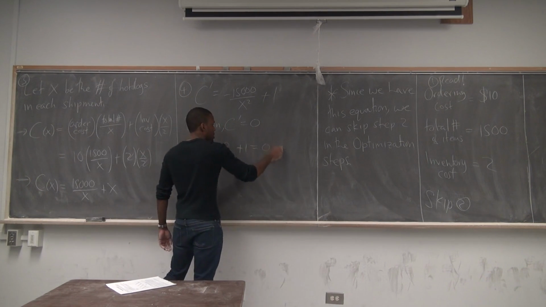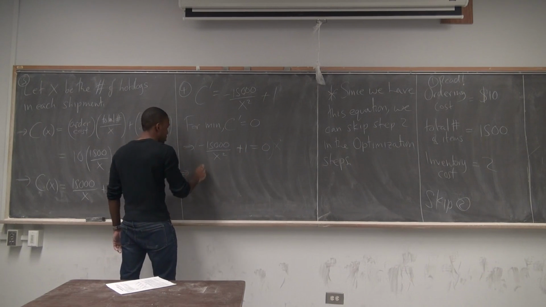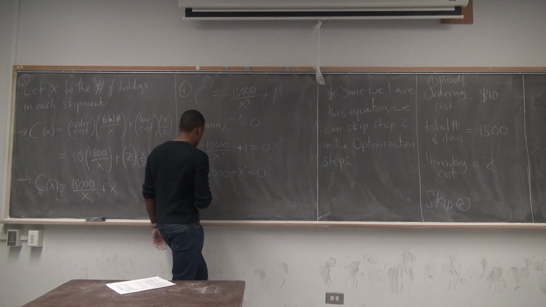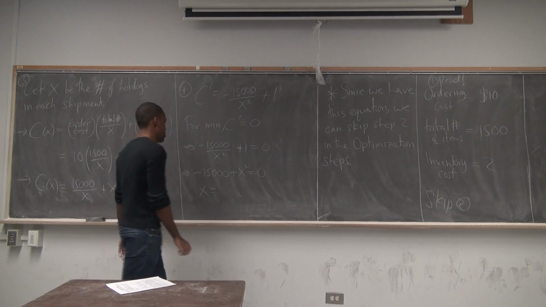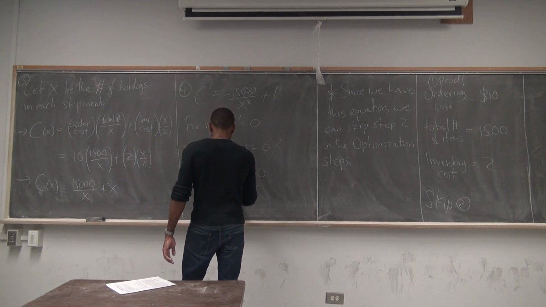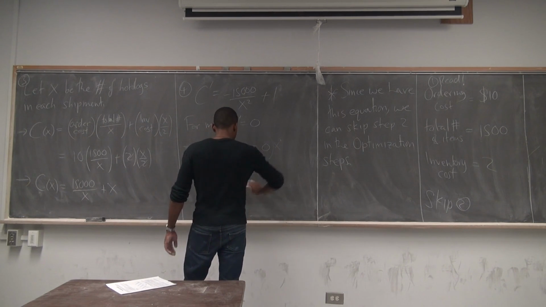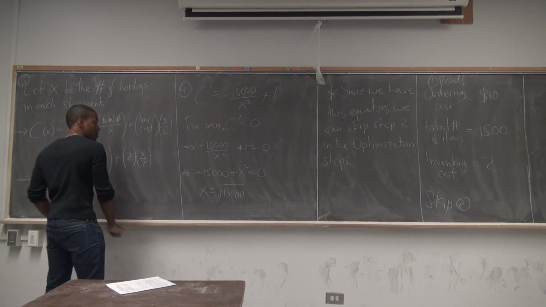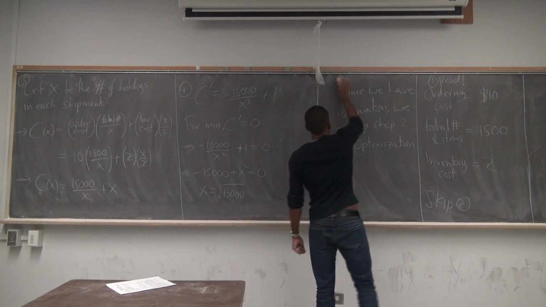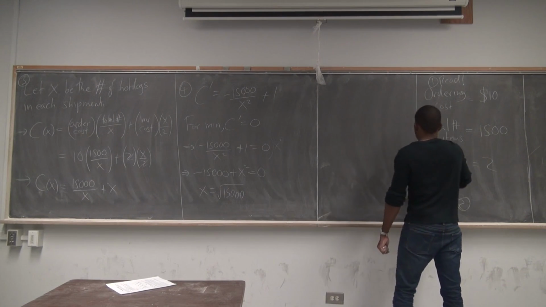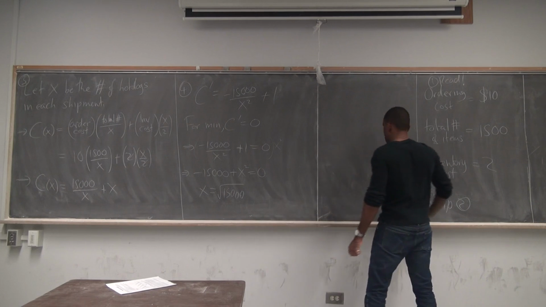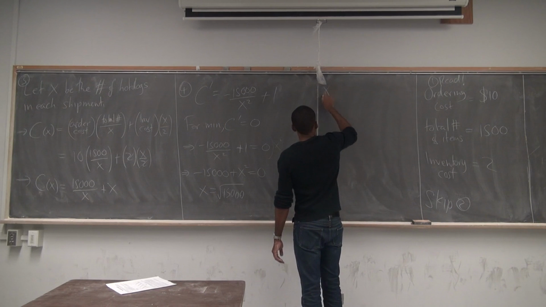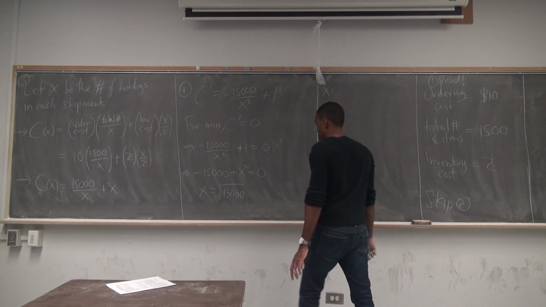Divide both sides by x squared, we get minus 15,000 plus x squared is 0, so x would be the square root of 15,000. Approximation. So x equals, let's simplify that.